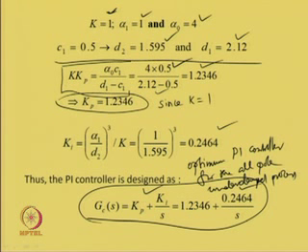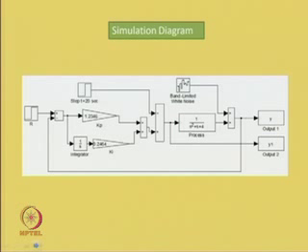Let us try to simulate and see the responses we get from this PI controller. The simulation diagram can be made in this form, where we have a reference input, which is nothing but the set point input with value r equal to 1, a unit step input.